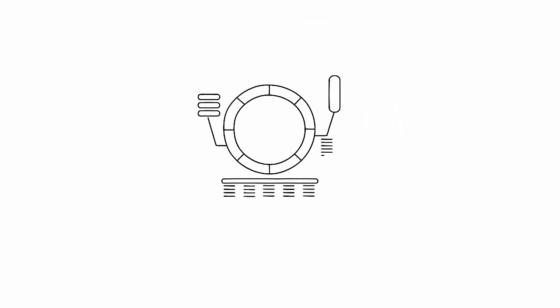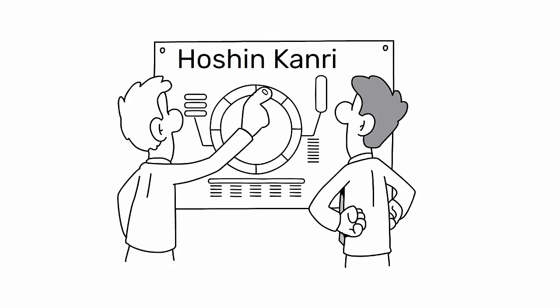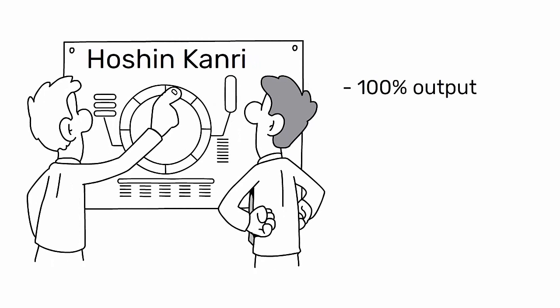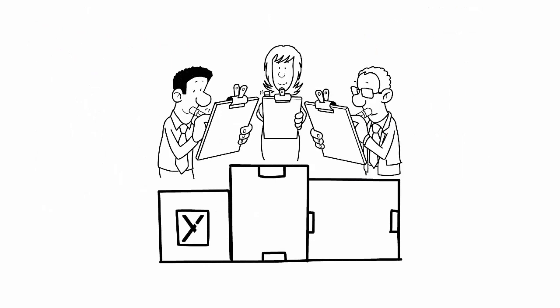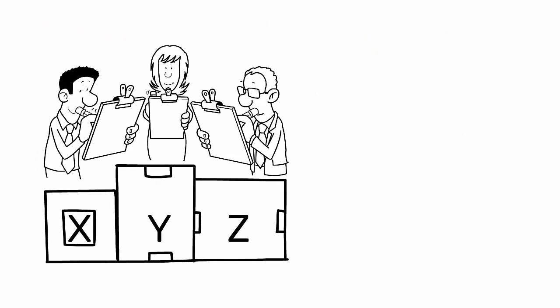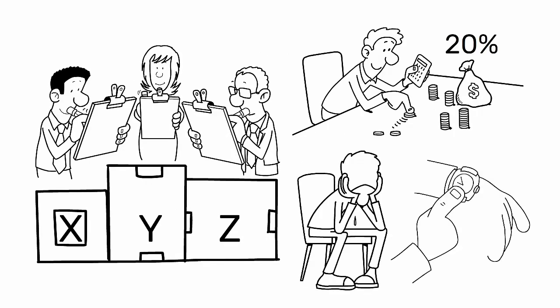3. With the help of the sensei, the director performs Hoshin Kanri for the next 5 years. 100% output. Inventory reduction by 20%. Costs reduced by 20%. For the current year, the XYZ product family is selected, which produces 20% of the company's turnover with customers dissatisfied with delivery delays. 4.